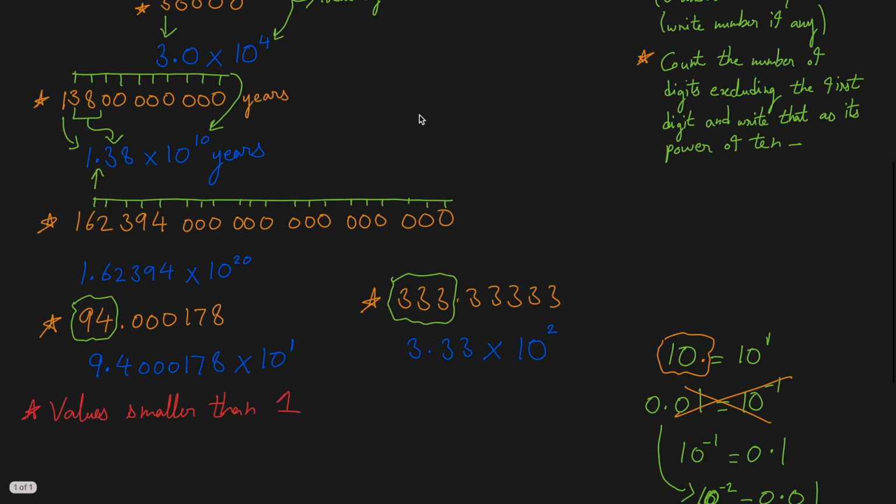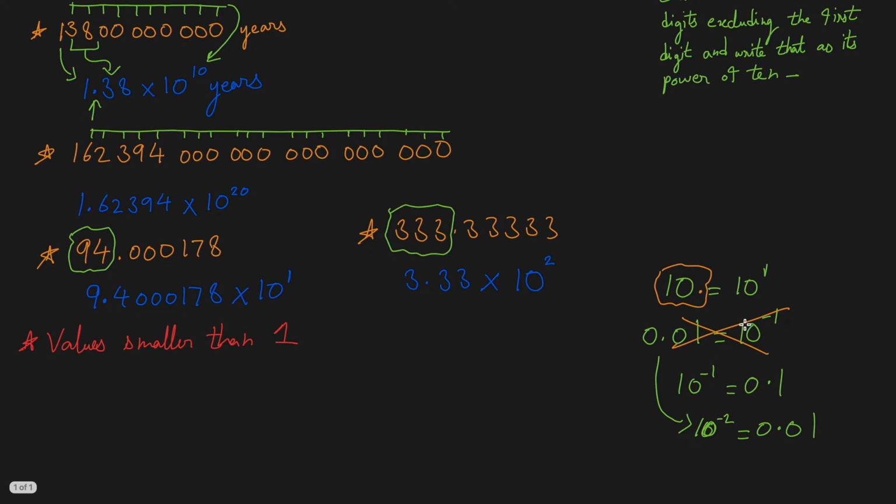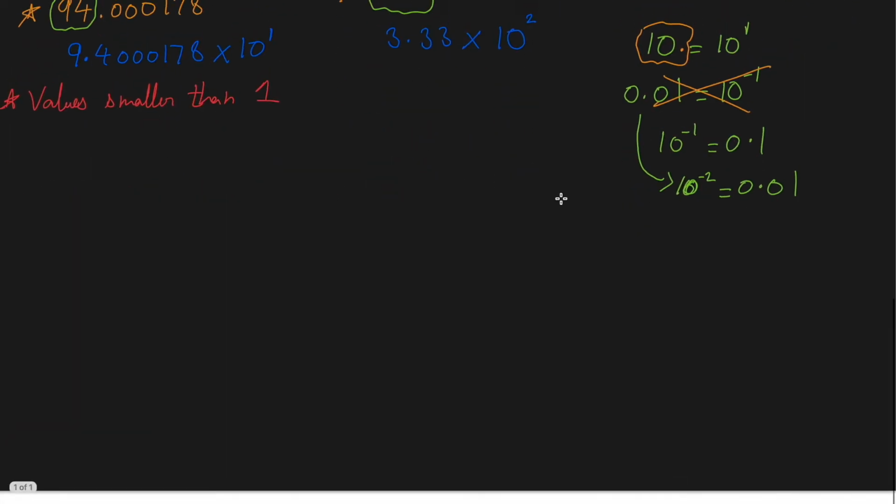Well, you will do the same here, but you already know that zero, if you introduce it on the left side, will not change the value of it, so we will also neglect it just like we did here.